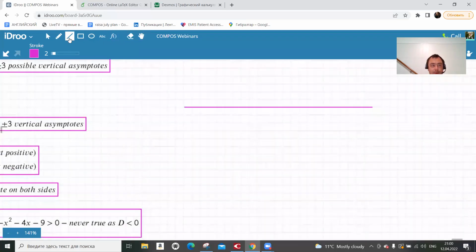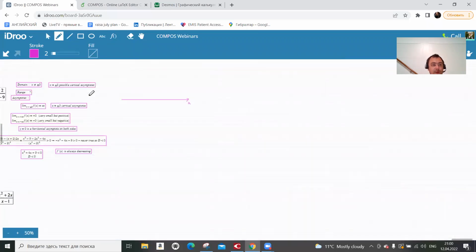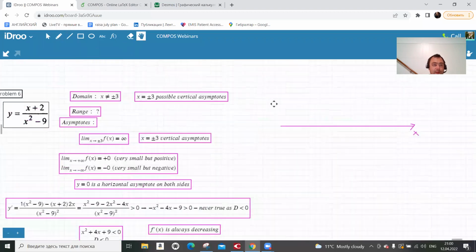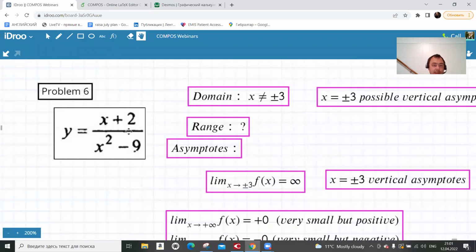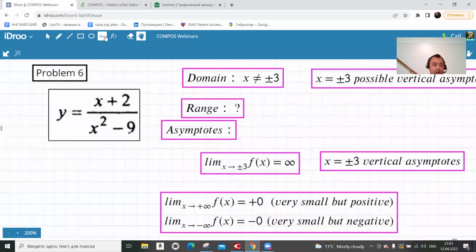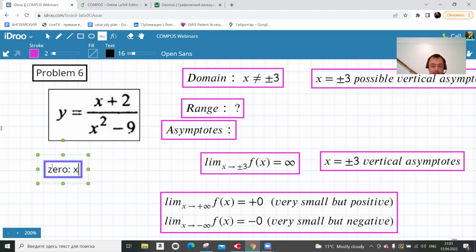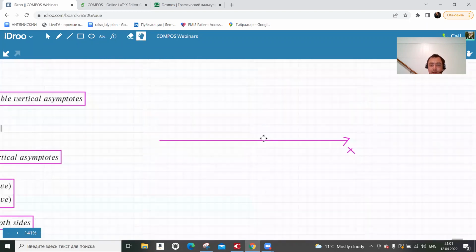Right. And so this is x. So interesting points. There's one zero of the function, x equals minus 2. So 0 is x equals minus 2, and it's -3 and 3.